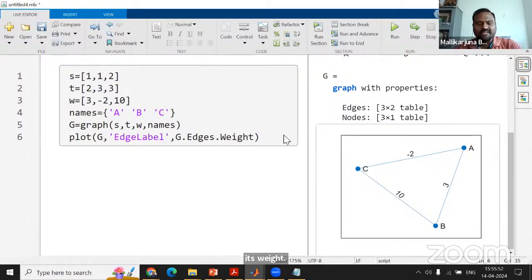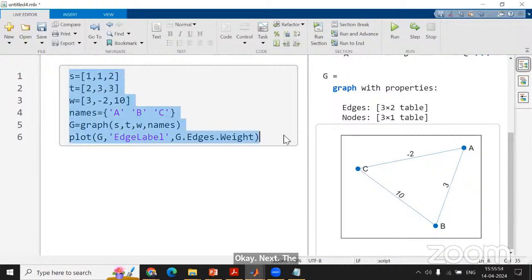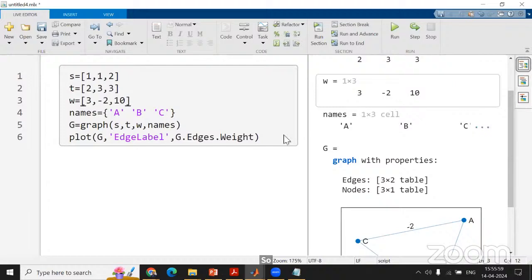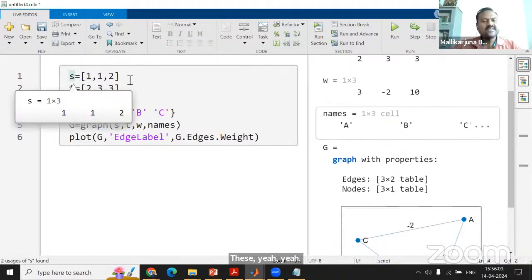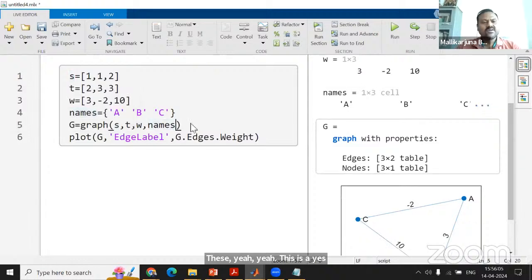Okay. Next, the same thing. Sir, what are S and T? We defined S as the starting points and T as the terminal points. We don't need to show them here.